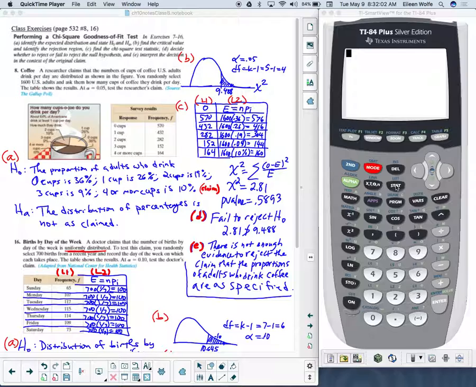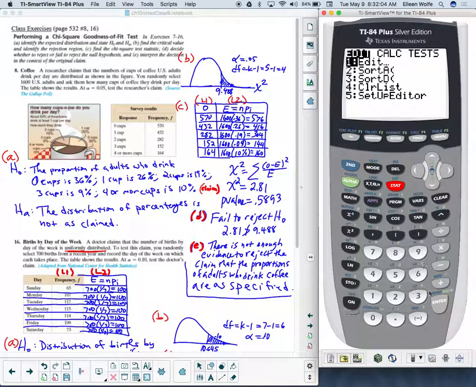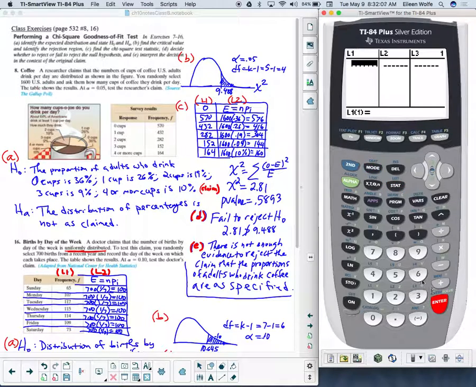So you have to press your Stat button, get into your list editor, and in list 1, make sure it's clear, and list 2, make sure it's clear. In list 1, we're going to type the observed counts: 570, 432, 282, 152, 164.